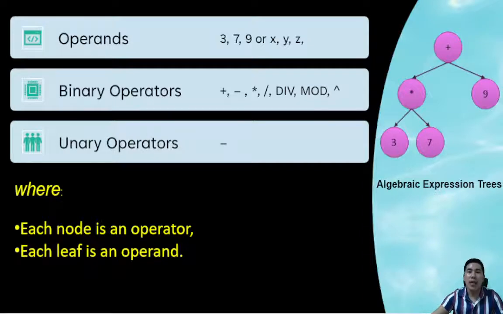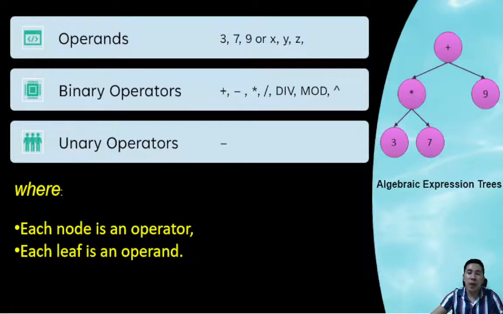Remember that in our RPN or reverse Polish notation, we determine the operands. Operands can be any variables or constant values like 3, 7, 9, or X, Y, Z. The binary operators could be any arithmetic operators, modulus, division, or exponential notation.